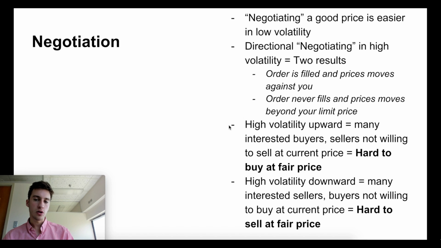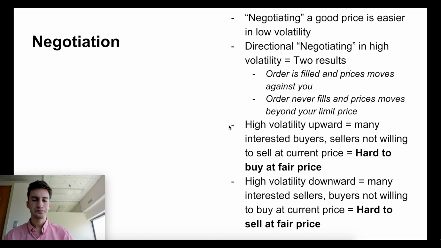When price is moving on low volatility, negotiating a good price is going to be easier, meaning that when price just really isn't moving much, trying to buy or trying to sell is probably not going to be as hard. Liquidity-wise, maybe because there's not as much trading going on. But with most retail traders with their position size, getting a good price in low volatility probably is not that hard.